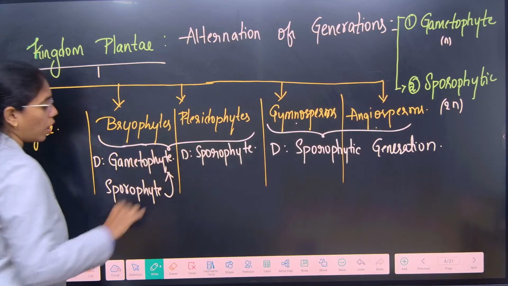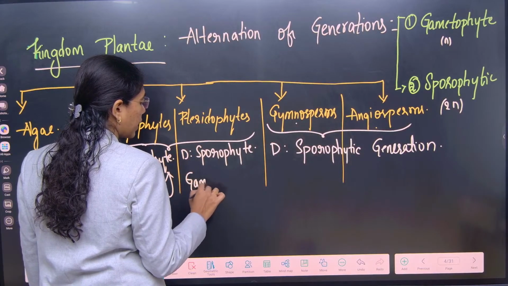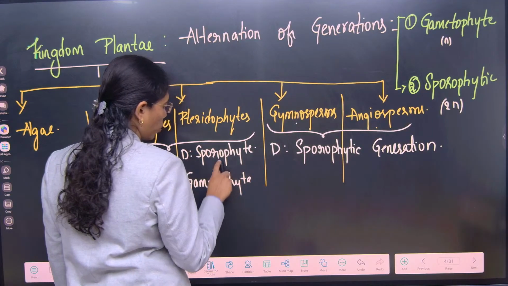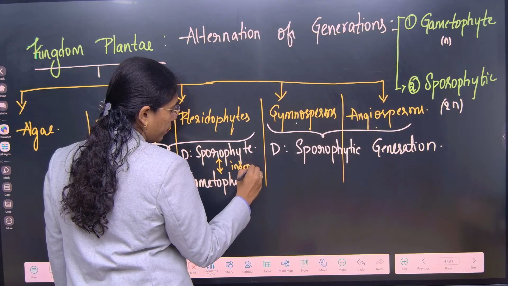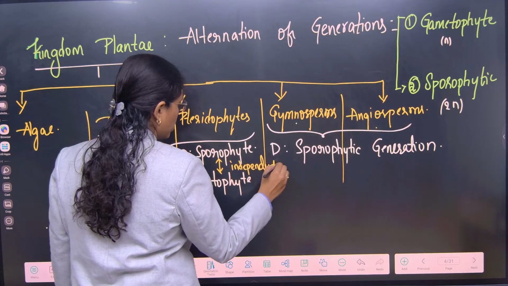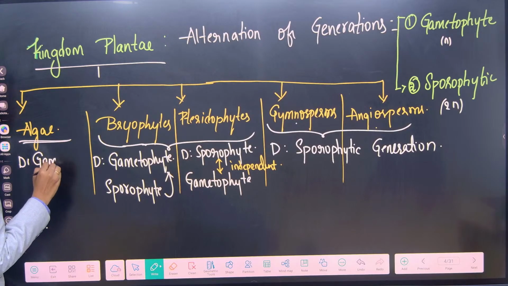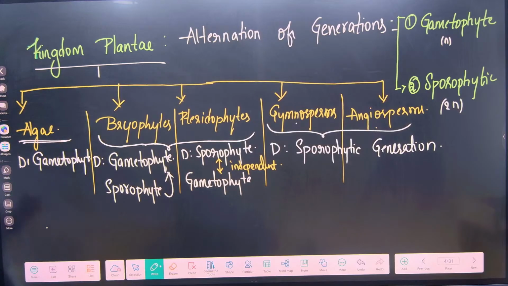Here both gametophyte and sporophyte are independent of each other. Next is algae. In algae, the dominant phase is again gametophyte. Sporophyte is very negligible and is dependent on gametophyte here as well.